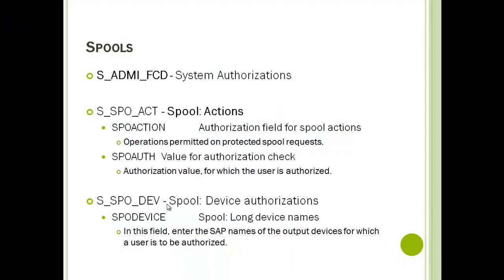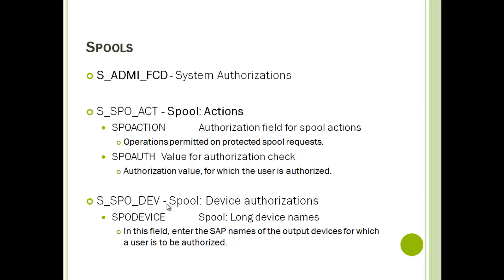The authorization object used to control this spool is S_ADMI_FCD. This is called system authorization. And S_SPO_ACT and S_SPO_DEV.